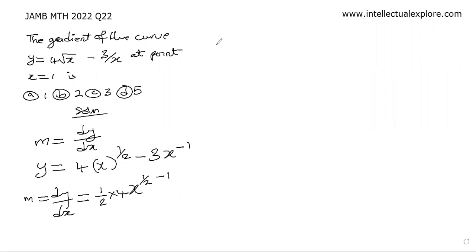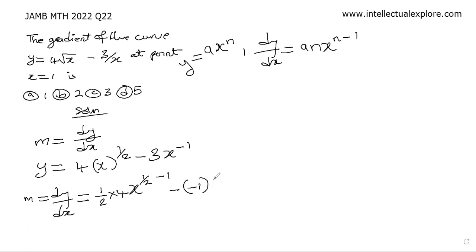Recall, if you have an expression y equals a x to the power of n, dy/dx simply means what? a n x raised to the power of n minus 1. So it is this formula that I'm applying here. Okay, minus, you bring minus 1 times 3x raised to the power of minus 1 minus 1.